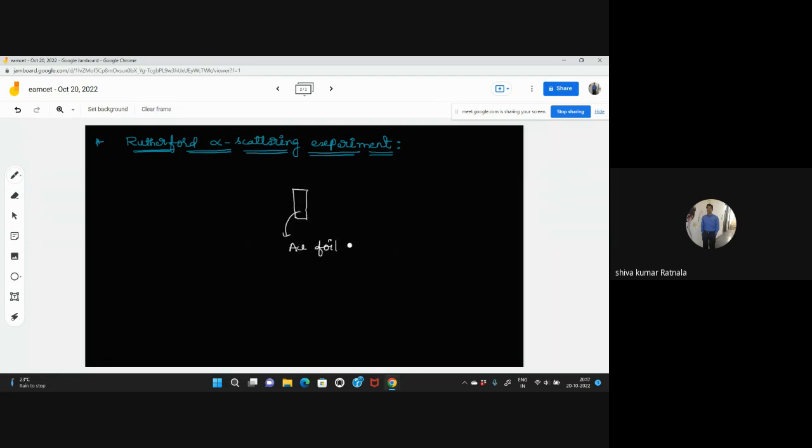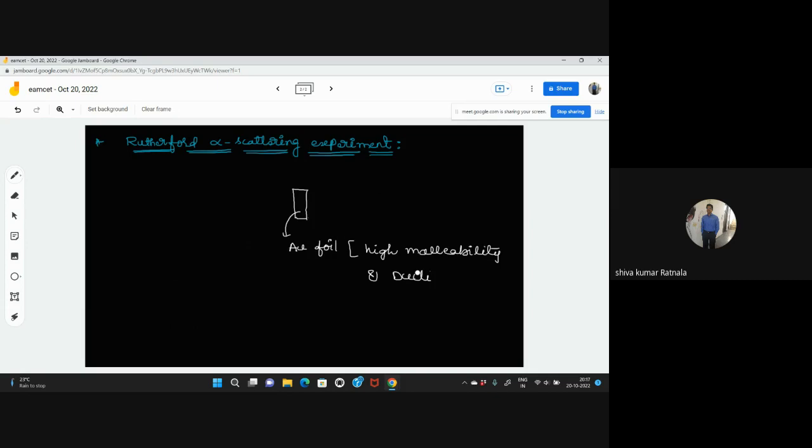Why was the gold foil considered? Because of its high malleability and ductility. Malleability and ductility mean it can be converted into wires and into sheets.